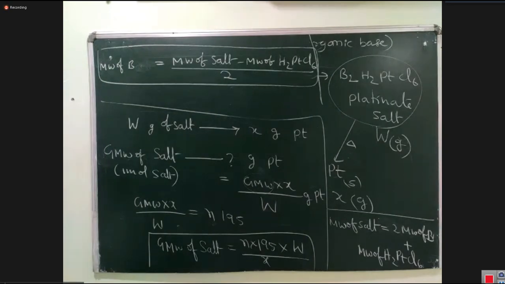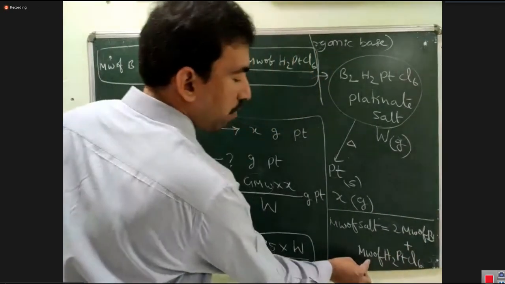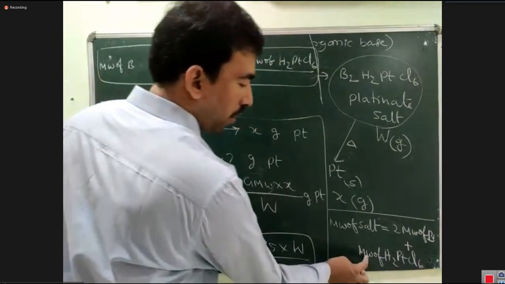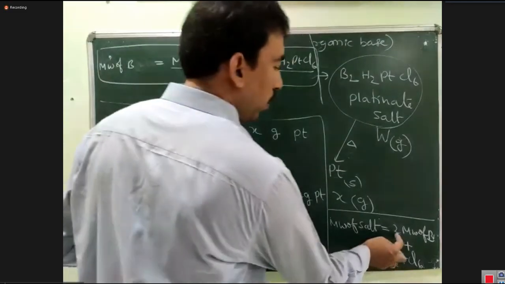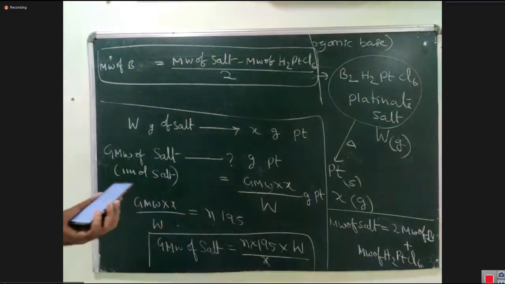Here 2B plus 410 is this, because the molecular weight of H2PtCl6 is 410. This is 2 into the molecular weight of base, and the molecular weight of the salt can be obtained using the mass of platinum by 195.